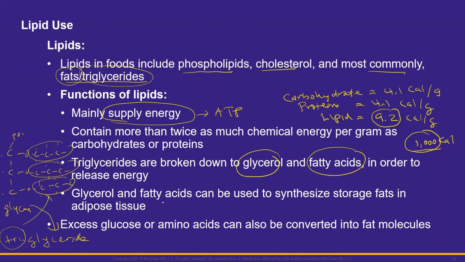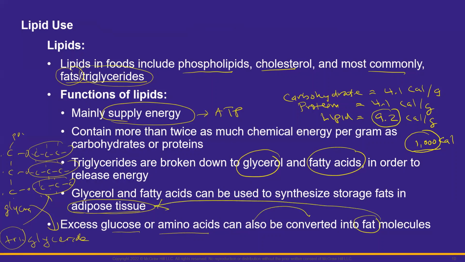Glycerol and fatty acids can be used to synthesize storage fats in adipose tissue. So if we don't use them for making ATP, they will be stored in our fat tissue. Excess glucose or amino acids can also be converted into fat and stored in adipose tissue.